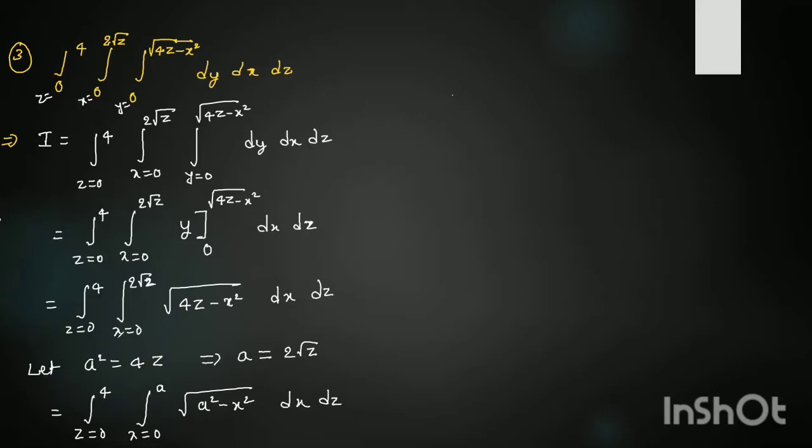All of you please look at this problem again. For our convenience, we'll take 4z as a square. Then a will be square root of 4z, so square root of 4 is 2 root z, and 2 root z is nothing but the upper limit of the second integral. So x is from 0 to a of the square root of a square minus x square, dx dz.